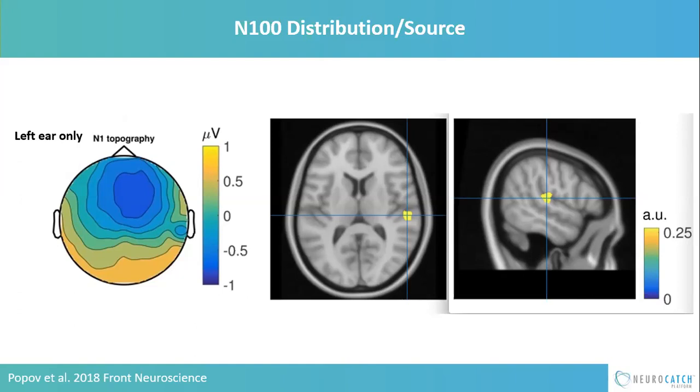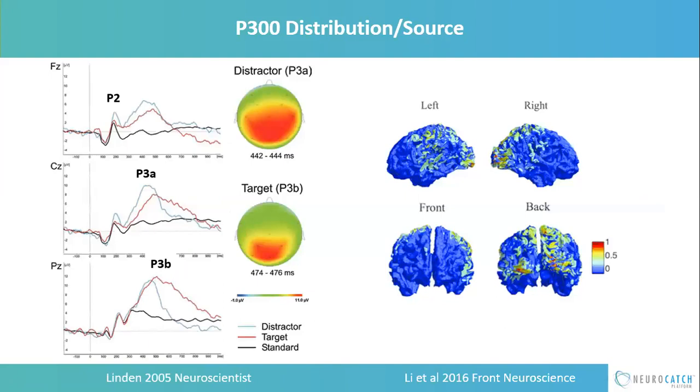So if we can move to the next slide, what does it look like for the P300? Again, let's go left to right and break it down. First, I selected some research that is really interesting, because what you can see here is the P2 component, and the fact that the P3A isn't just one component.